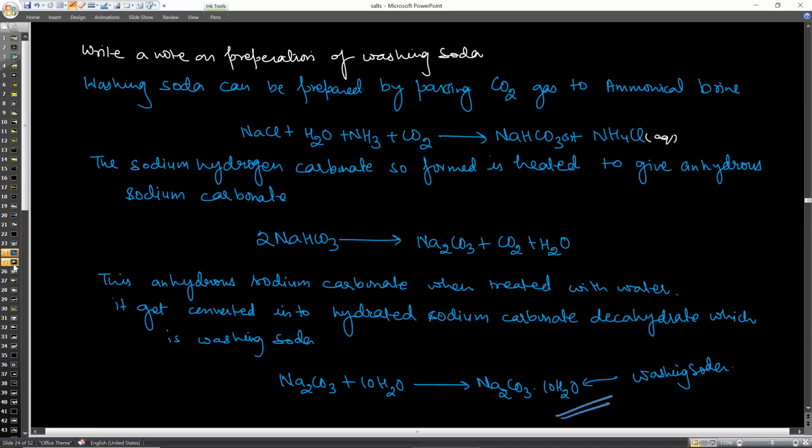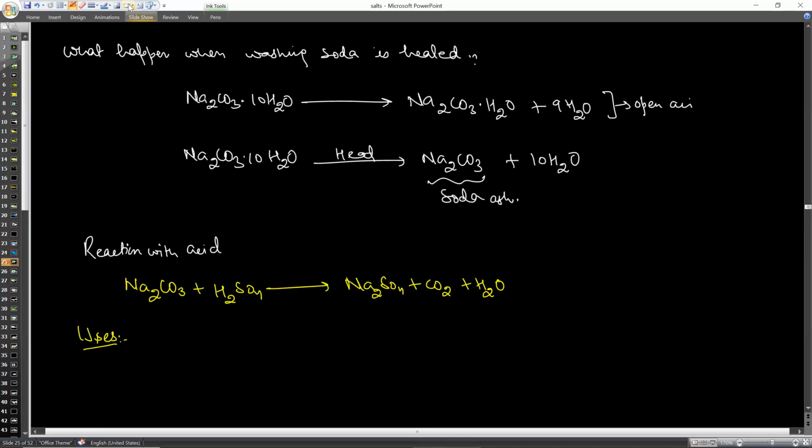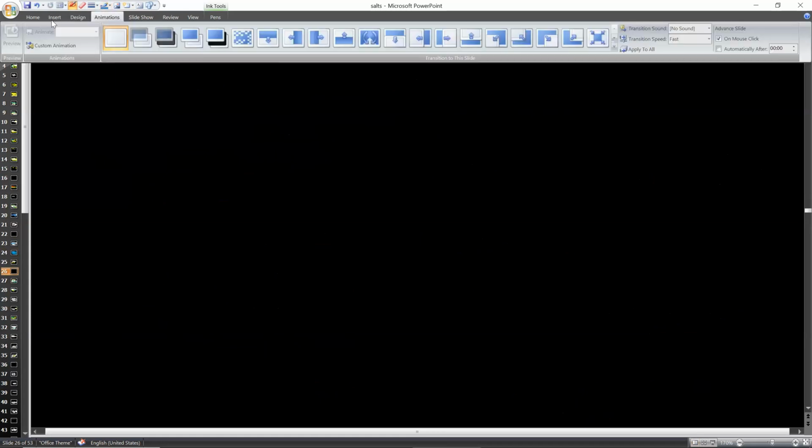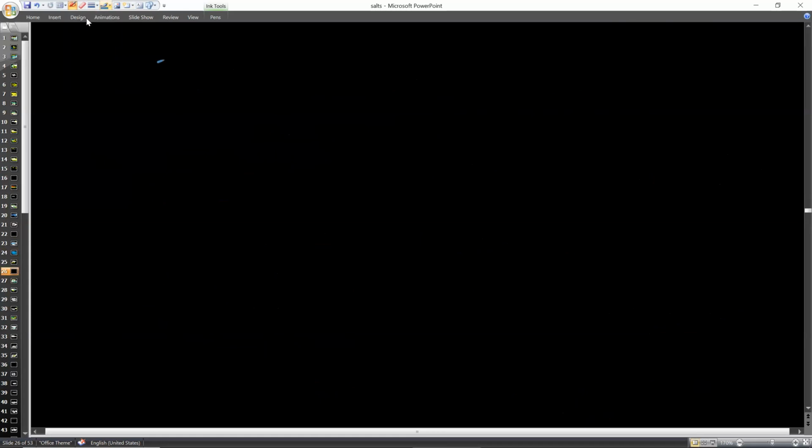Let me explain one more time how washing soda is prepared. We take NaCl plus water. This is brine, and we pass ammonia gas to it, then carbon dioxide.